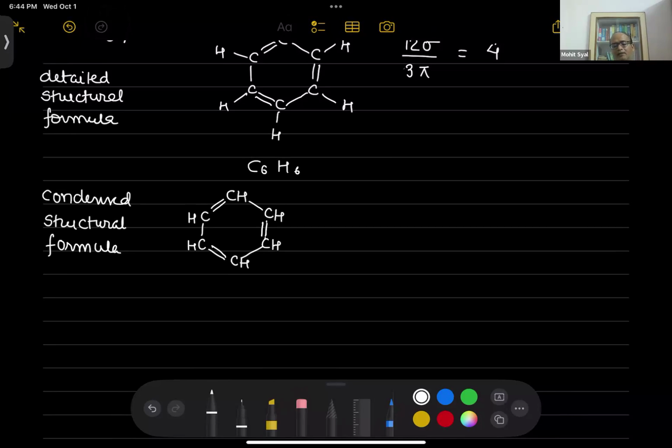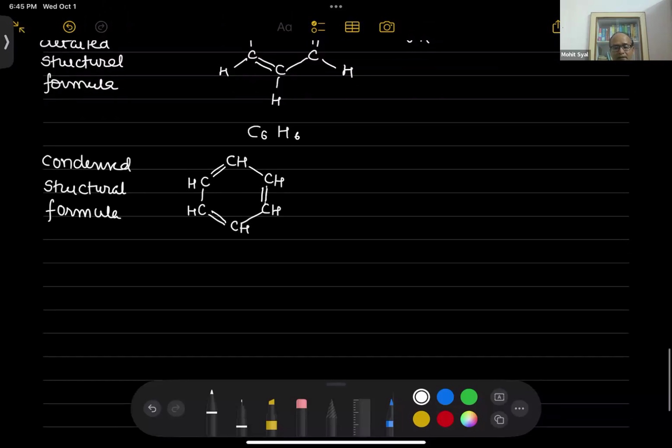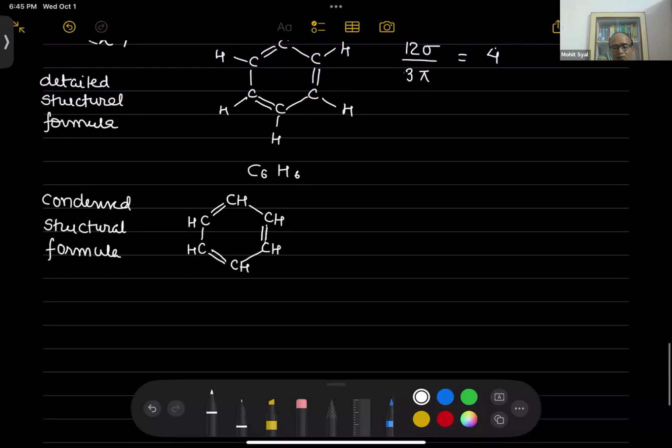This is the condensed structural formula, and we realize that it is easy for us to write. But do keep in mind that carbon makes 4 bonds. And now we have the formula which will be used in all the upcoming chapters and lectures of organic chemistry and in all the upcoming examinations, whether it is CBSE, NEET, JEE, everywhere. Especially in competitive examinations, you will see a lot of formulas written in this way.